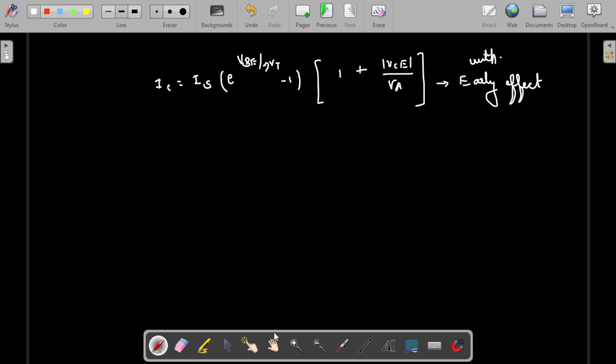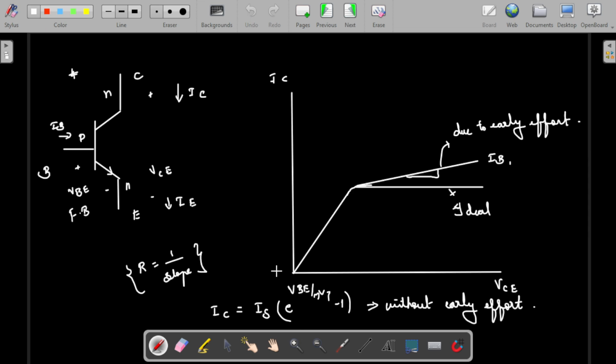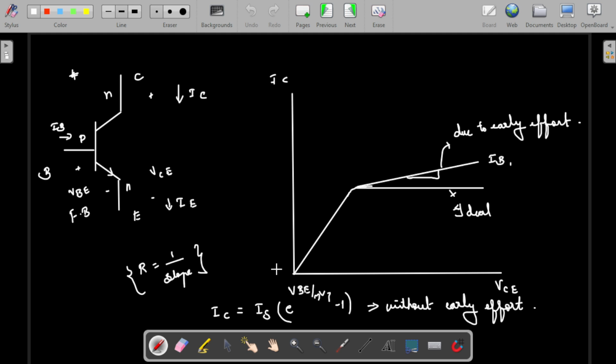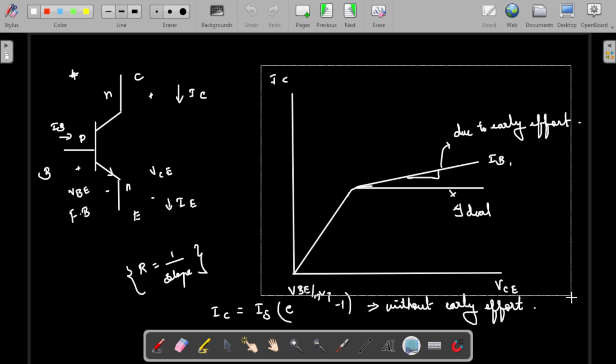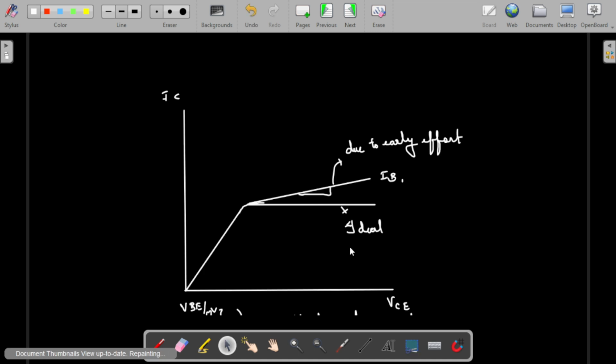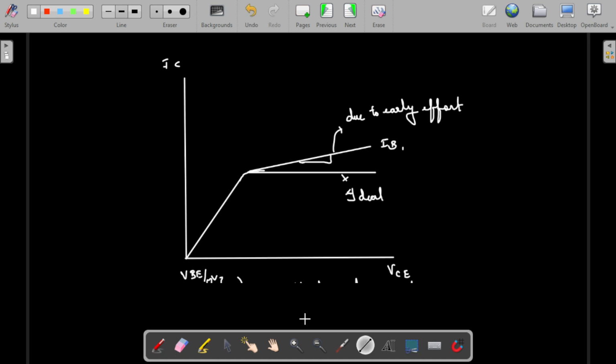How to find the VA? Let me draw it here, or else I can copy paste from here. Let me extend the y-axis, x-axis, and expand this one.